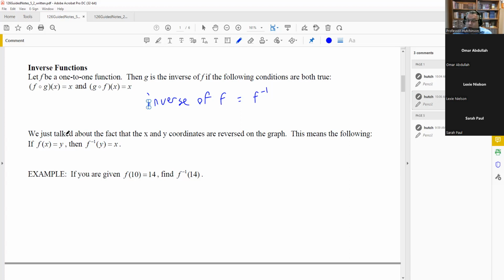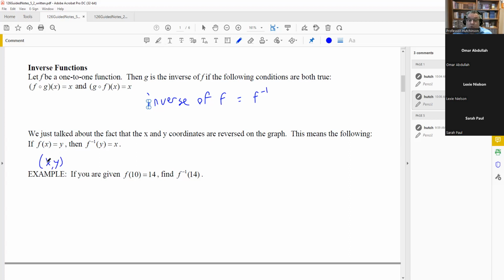Now here is a definition that is true. When you have something like this, we looked at graphs a little while back, and we said that if you put an x value in, and you look at the graph, you get a y value. So basically what this is saying is that the point x, y is on the original graph of f of x.